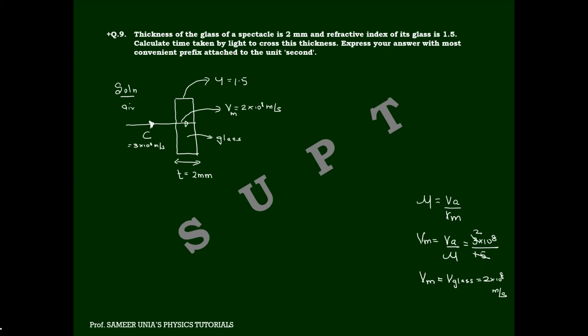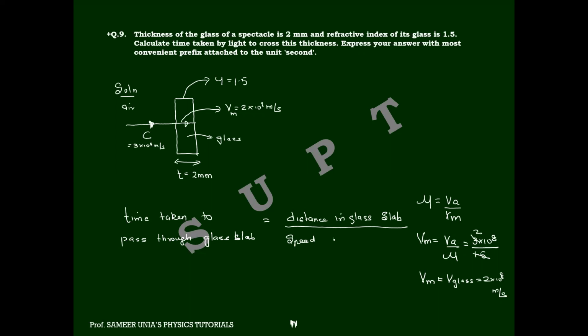Now we are asked the time taken. Can I say the time taken to pass through the glass slab is the distance in glass slab by the speed in glass slab?